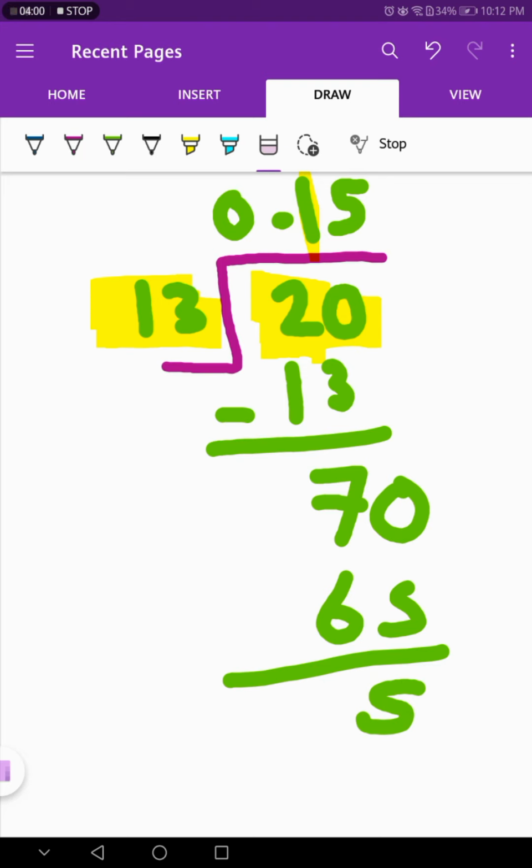Now 7 over 8. Here we are ready for 7 over 8. I need to write it as a decimal, so I need to go to the long division. This is the 7 over 8, and the famous question, how many 8 in 7? There are 0, and we have to make the 7 greater, so we add the decimal point here.